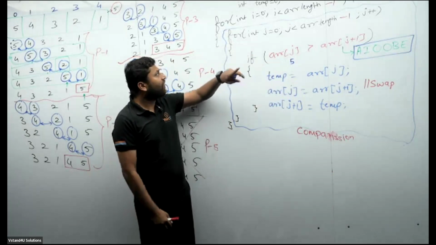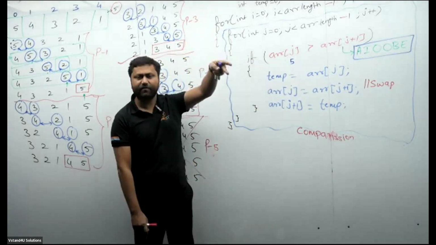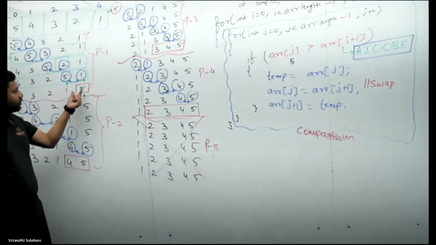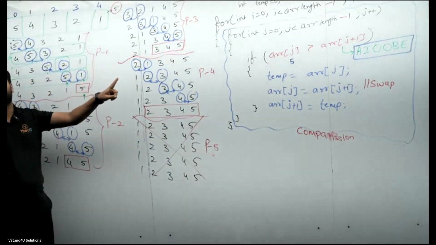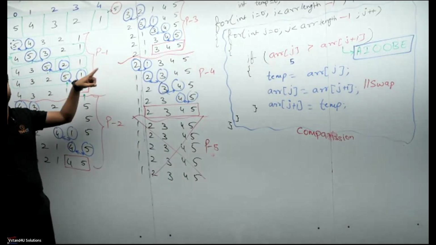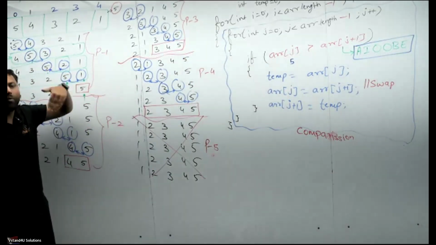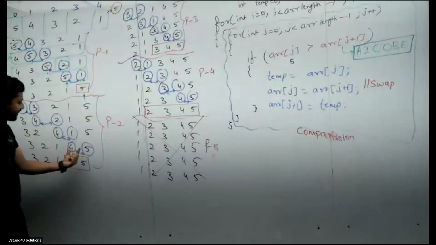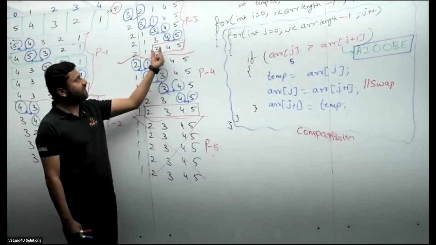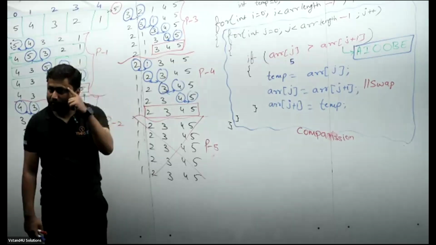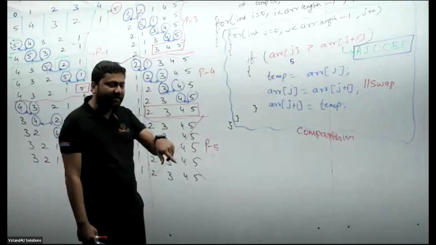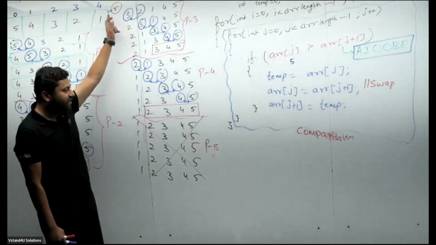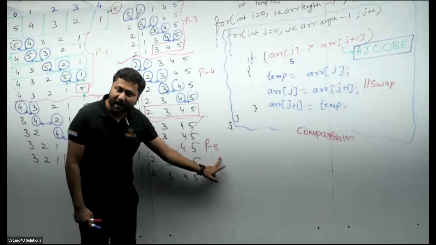Why are we writing this outer loop? That we will see, because by iterating just once, you have set only one element at the right position. You have not set all the elements at the right position. So one iteration after another, one pass after another pass, we will bring one number to its right position. If the total number of elements is 5, we are also doing 5 passes.